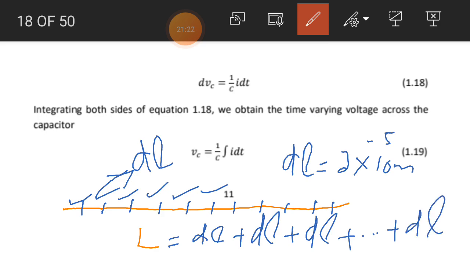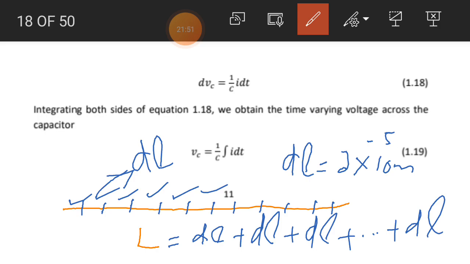The summation of all the differential lengths of this line gives you the total length of this line. So dl basically represents a very small segment of the length of this line.